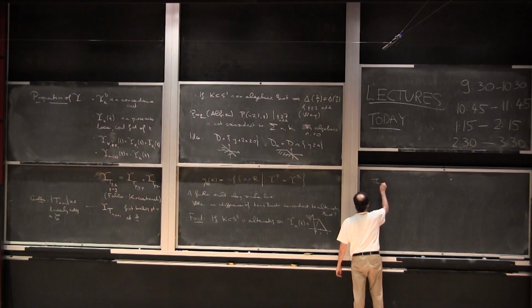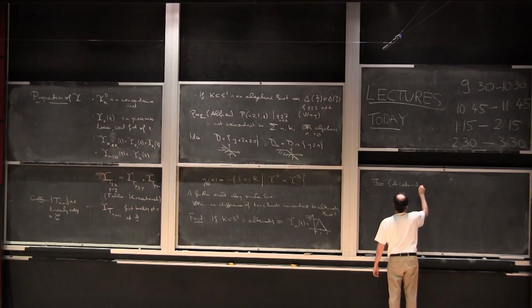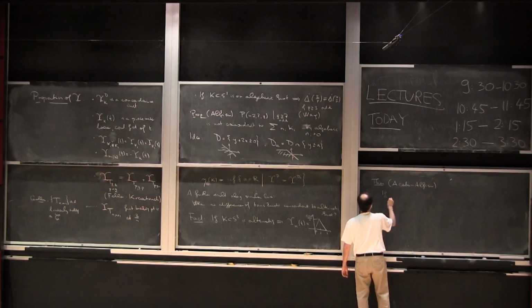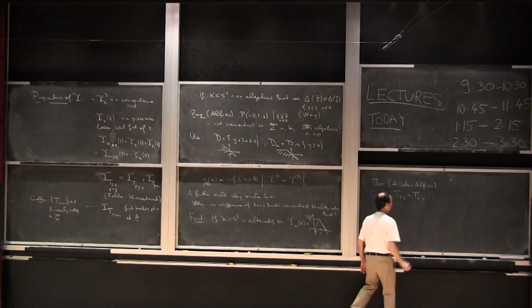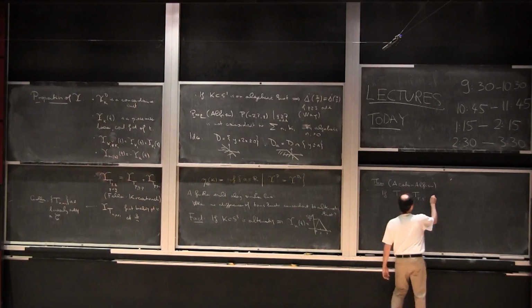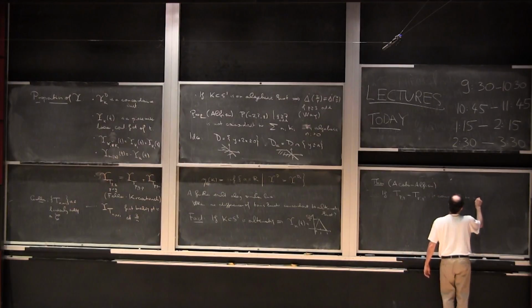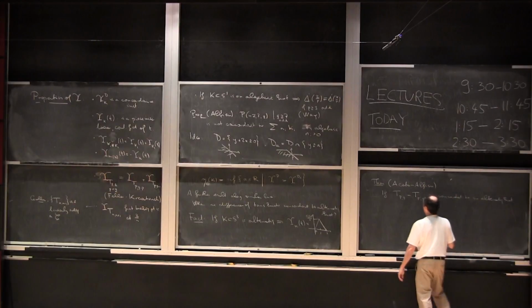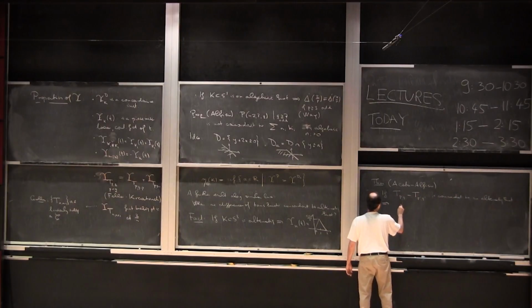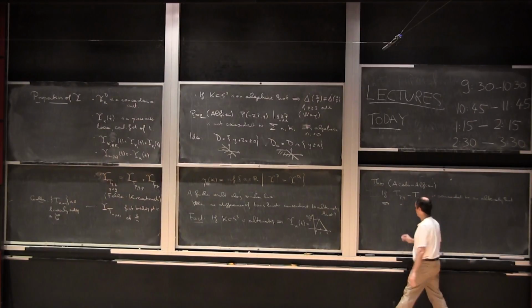So the theorem, which is work of Paolo Aceto and Antonio, says that if T_{P,Q} minus T_{P',Q'}, so the difference of two torus knots, is concordant to an alternating knot, then we have three possibilities. It can happen that the two knots are the same, so they are actually concordant to each other.